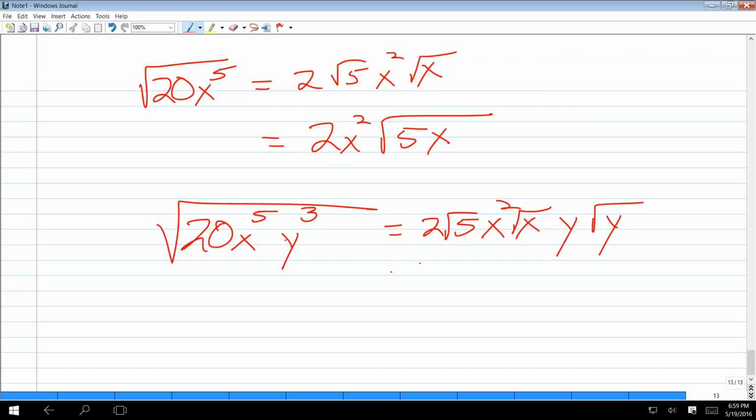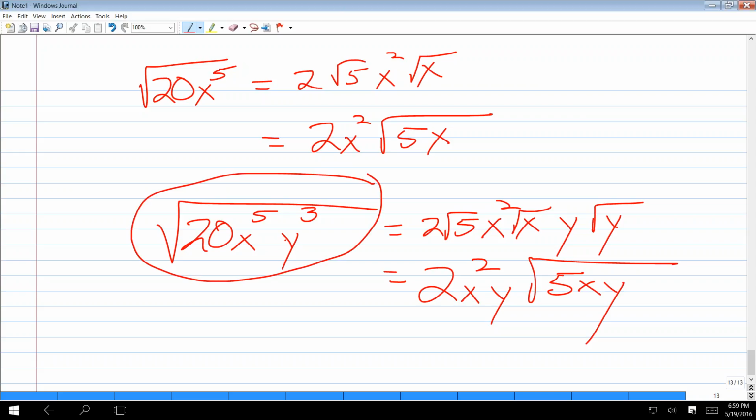Now I put all three radicals together, so I end up with 2x squared y times the square root of 5xy. I realize you're probably not going to get something that difficult yet, but it's not that big of a leap over this problem here.